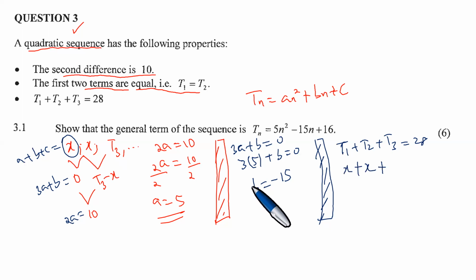You know that T3 minus x, for instance, appears here, and if you subtract this and that, you get exactly 10. So what is term 3 at this point?